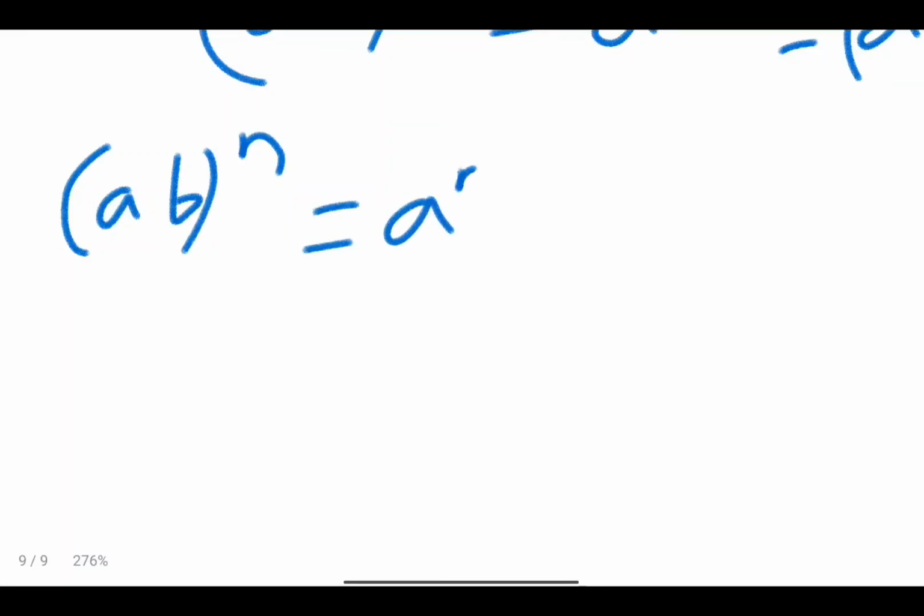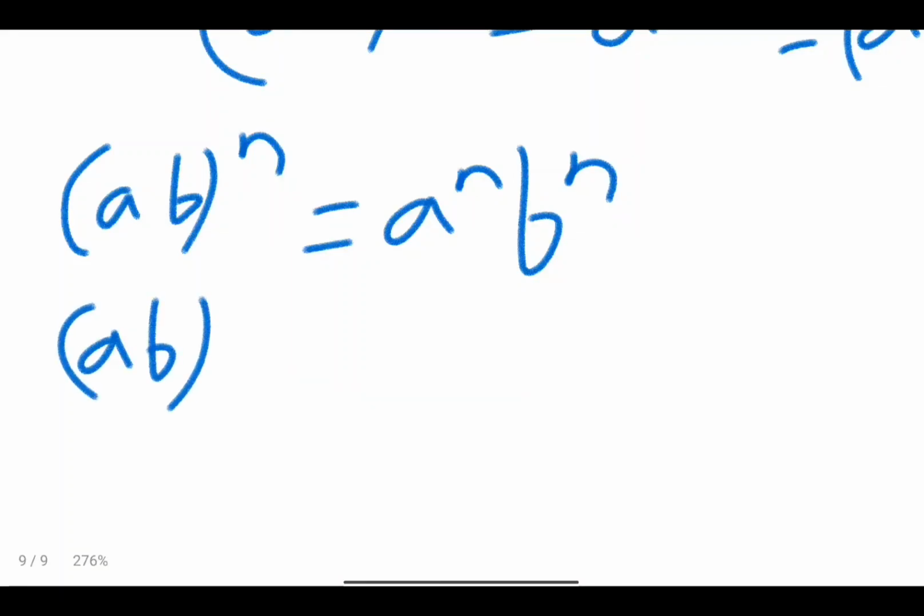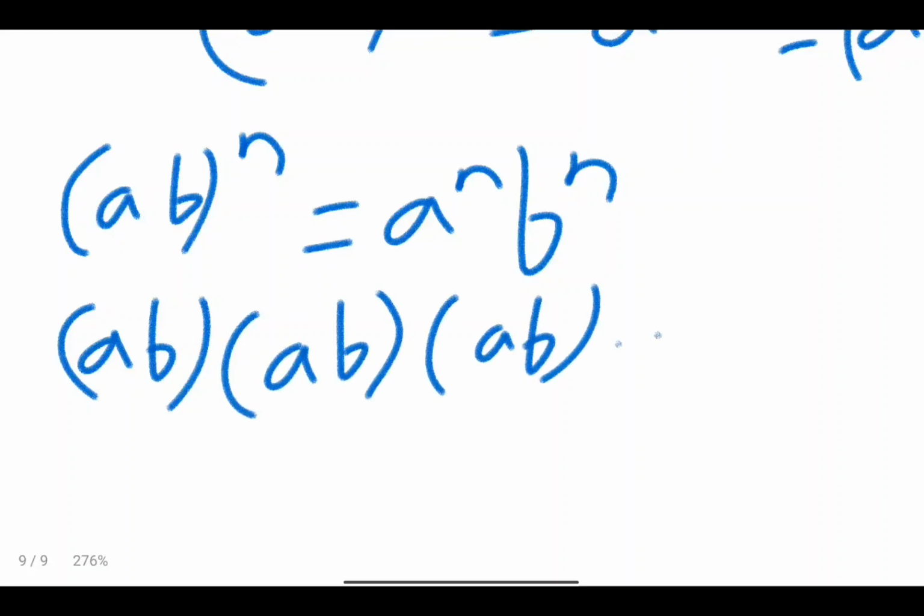Finally, the last one in these laws is this one. And why is this? When we write this, it means that AB, AB, AB, and it will be repeated for the nth time.